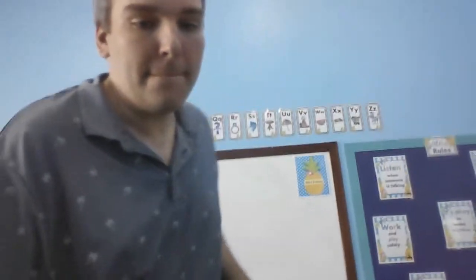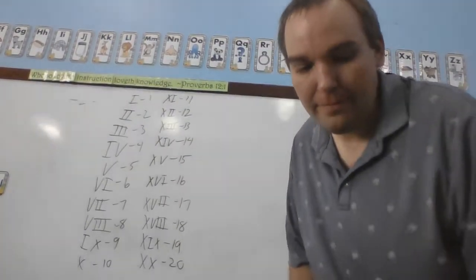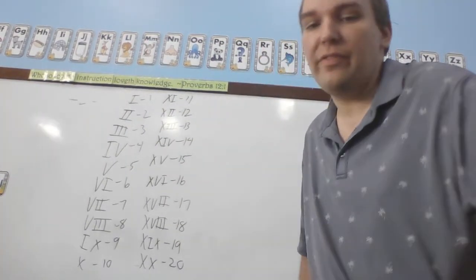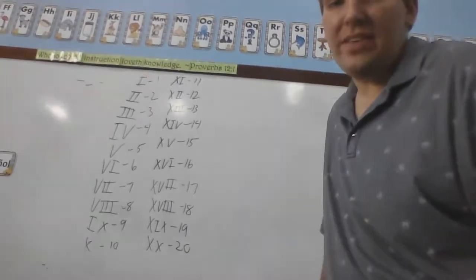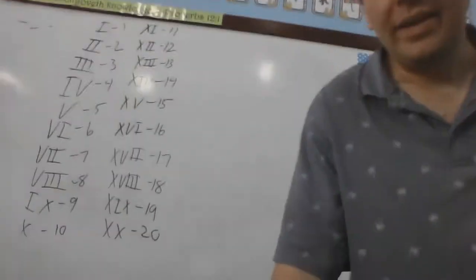Now you may remember how Roman numerals work. At least I hope you do. Let's move this forward a little bit. We said that I is 1. X is 10. And V is 5. And you need to add these things up in order to make them work.